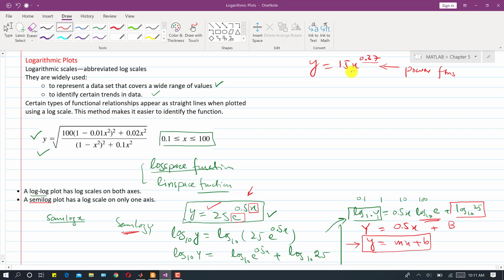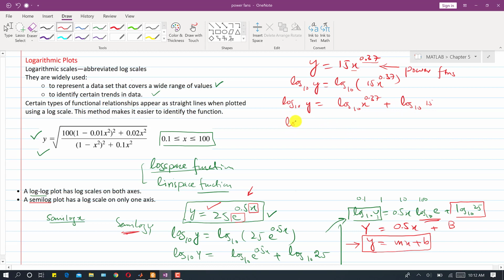Now if we take log to the base 10 of this equation on both sides, let's suppose I write log to the base 10 of y, and then this will be, if I take log to the base 10 of this, 15 x to the power 0.37. So log to the base 10 of y will be 0.37 times log to the base 10 of x plus log to the base 10 of 15.